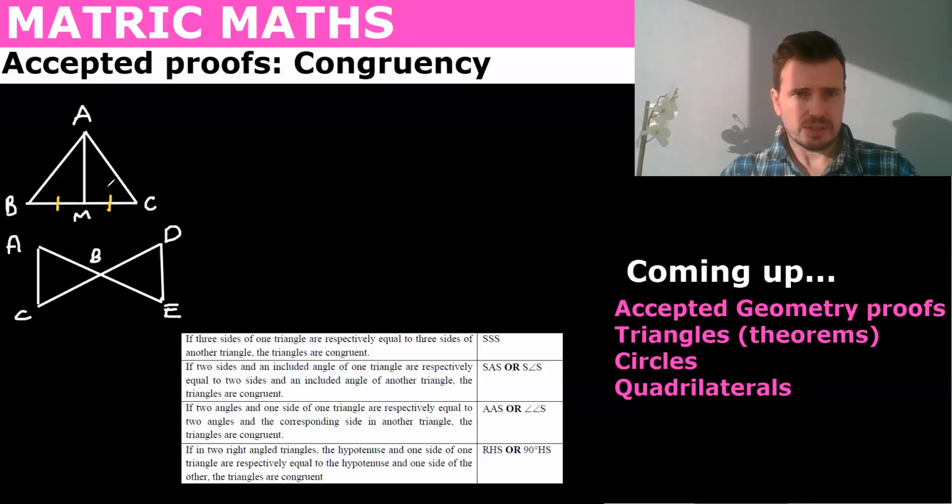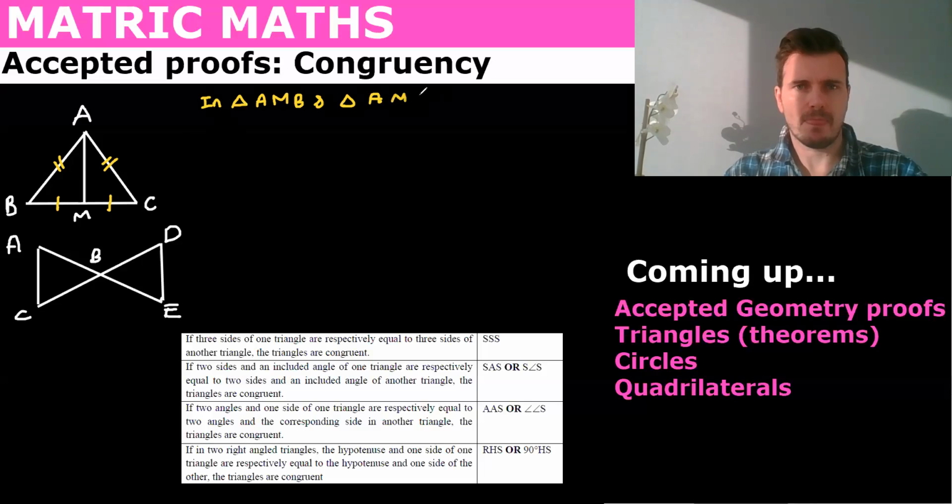But the other thing they could say is maybe that AB is equal to AC. So if we were given that, you could then say in triangle AMB and triangle AMC, you would say AM equals AM because those are common.